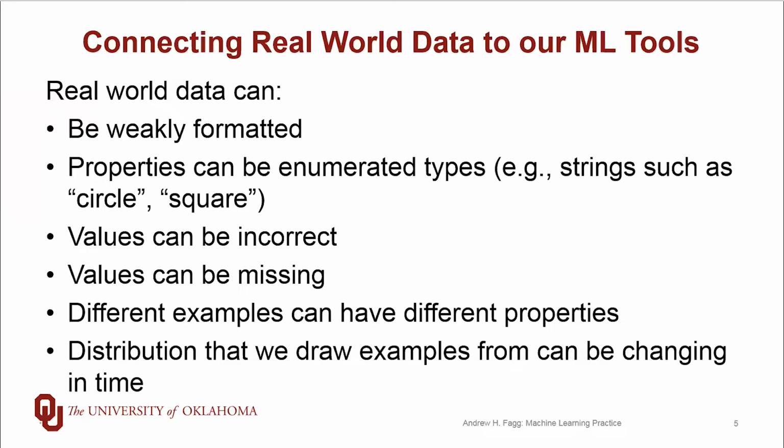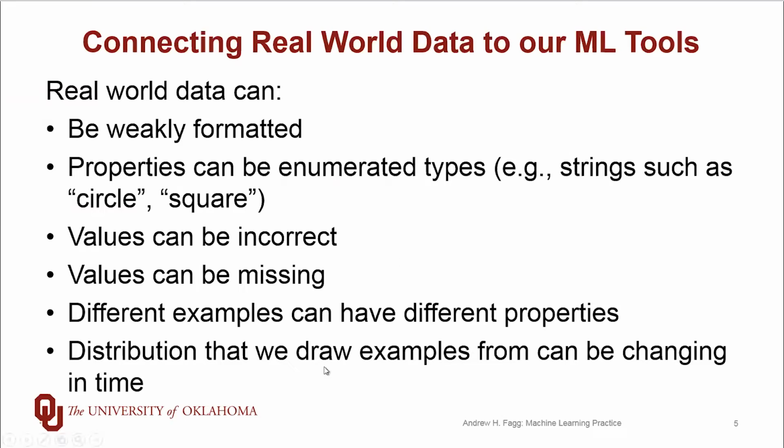Those might actually be recorded explicitly as incorrect values. There are also scenarios where different examples can have different sets of properties. This violates our assumption about the uniformity of our examples. Most machine learning algorithms will have trouble with this, so we'll have to address it in our pre-processing. There are some algorithms out there, though, that can deal robustly with these types of situations.